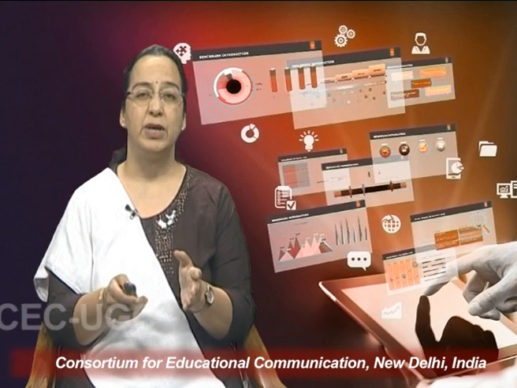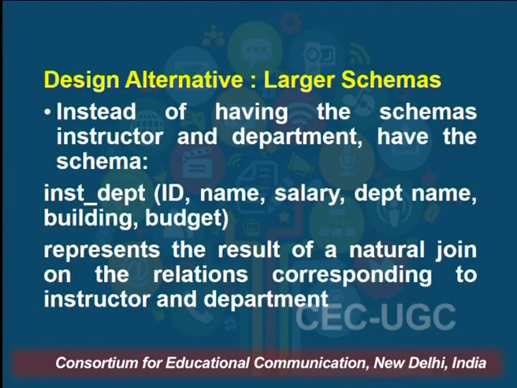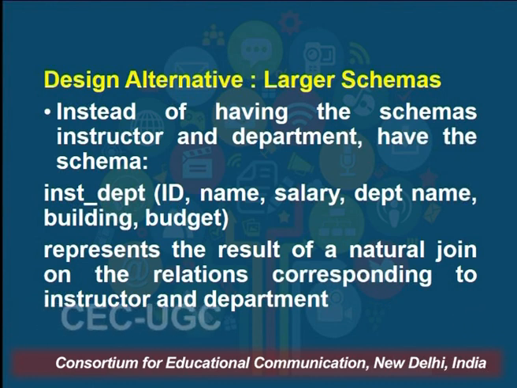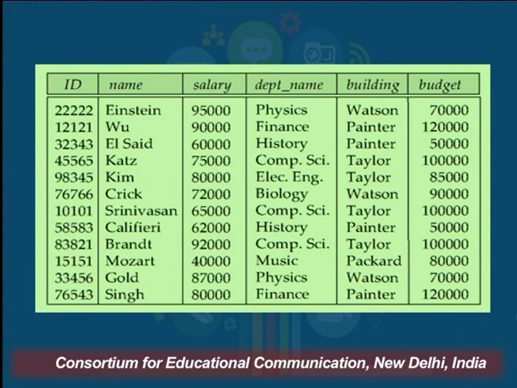So, the situation here is instead of having instructor and department, we have one instructor department with these attributes as ID, name, salary, department name, building and budget. And here is one snapshot of that particular new larger schema of instructor department.